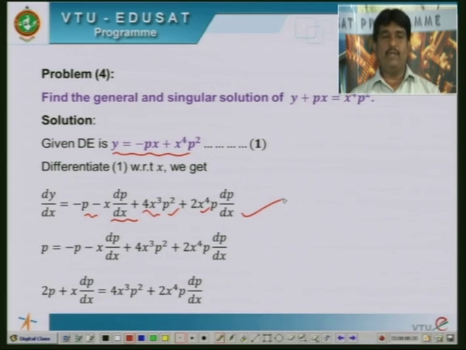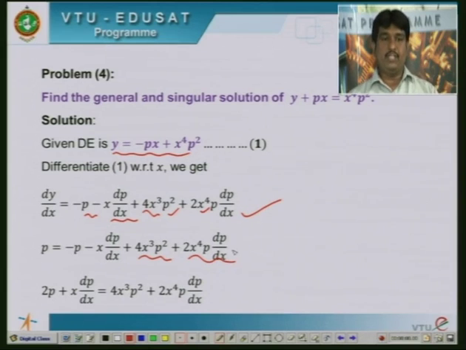We know that dy by dx is p, so p equals minus p minus x dp by dx plus 4x cube p square as it is plus 2x to the power of 4 p into dp by dx.